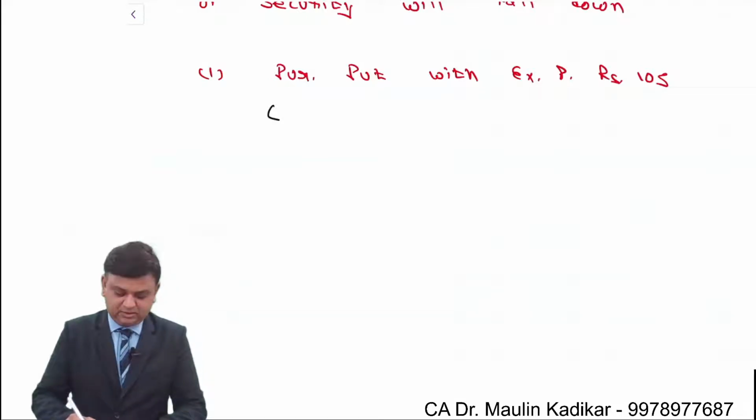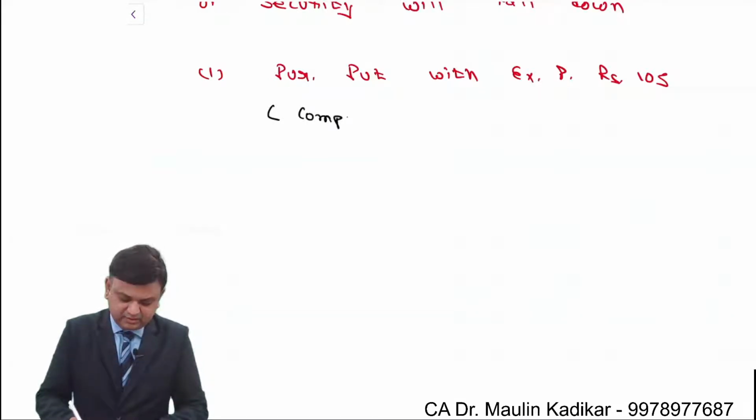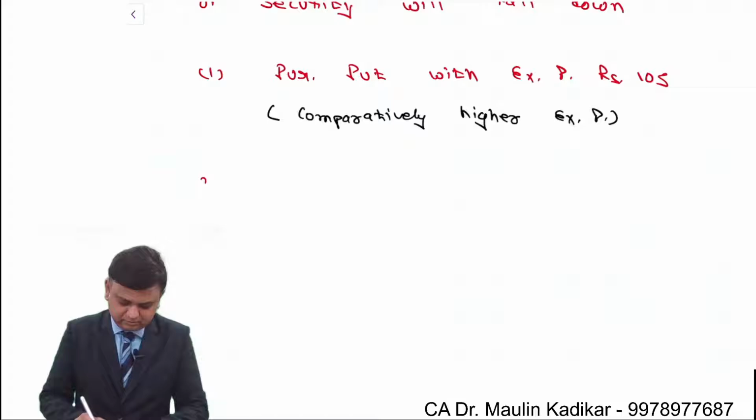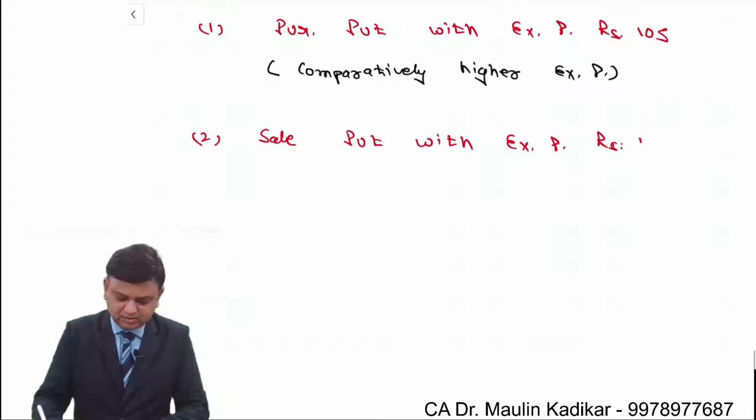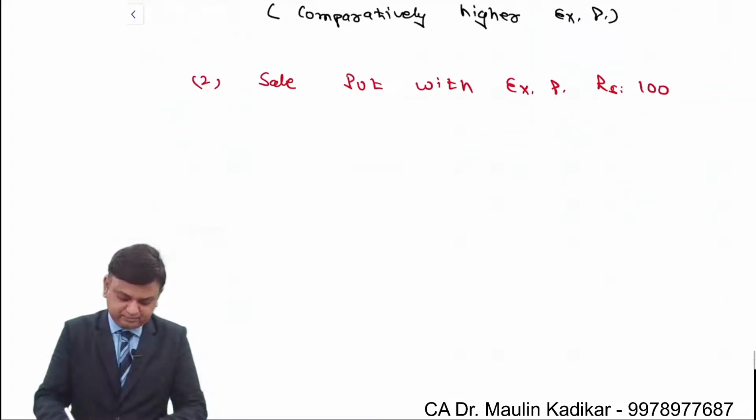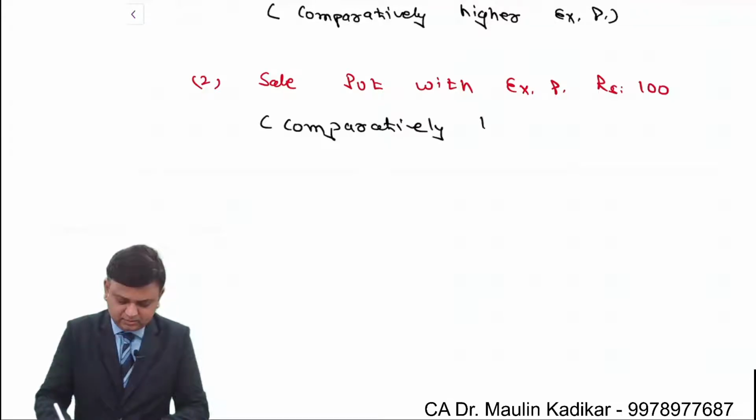In bracket I am writing comparatively higher exercise price. Second, sale put with exercise price rupees 100, and bracket write down comparatively lower exercise price.